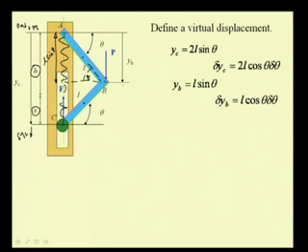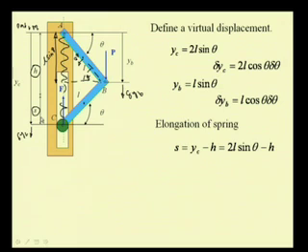Again we see that this positive virtual displacement delta YB and the positive virtual displacement delta theta are positively correlated. That is, as this theta increases, this point moves down. So, now we have defined the required virtual displacements for point B as well as point C.